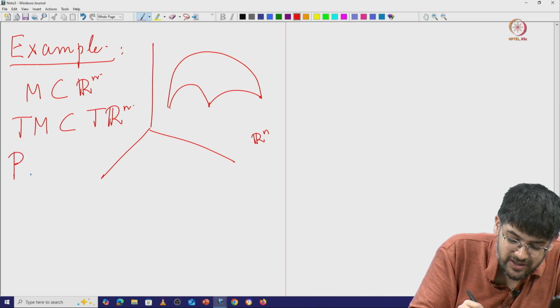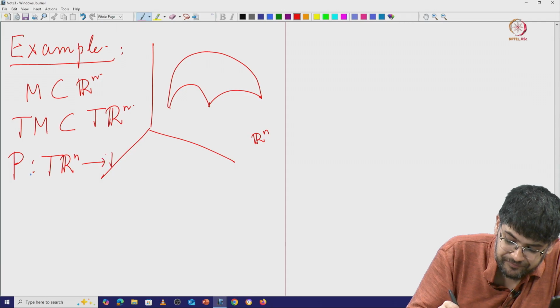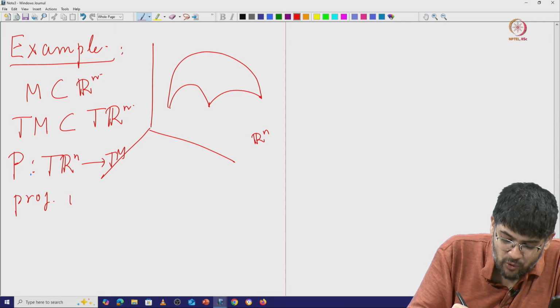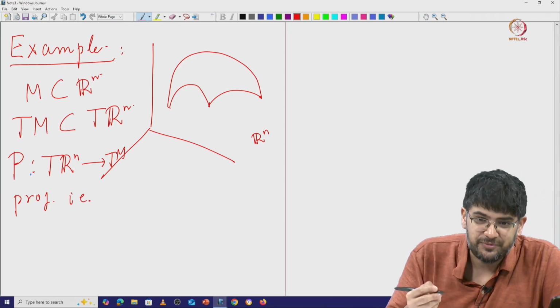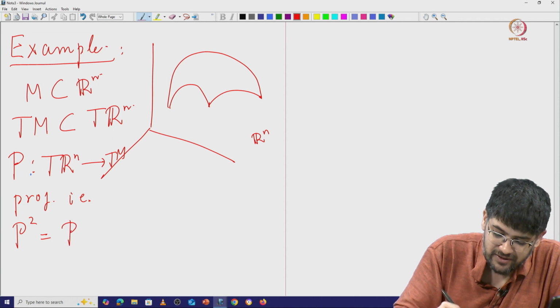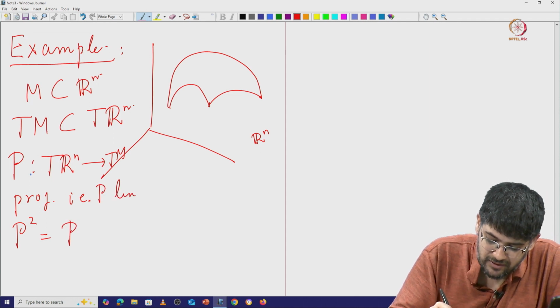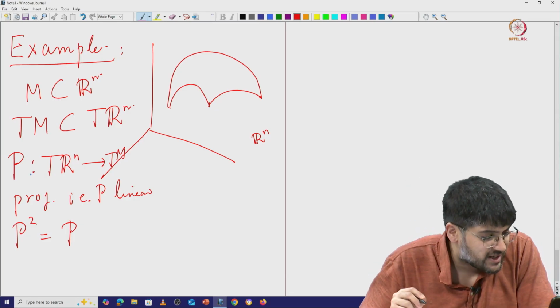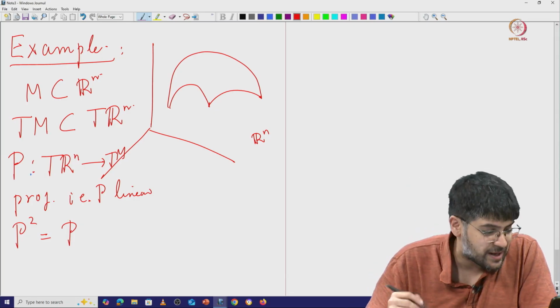Now suppose P is a projection. Okay, what does a projection mean? That just means it's a linear map such that P squared is equal to P. Okay. So then using this projection, I can actually define a connection on M in the following way.